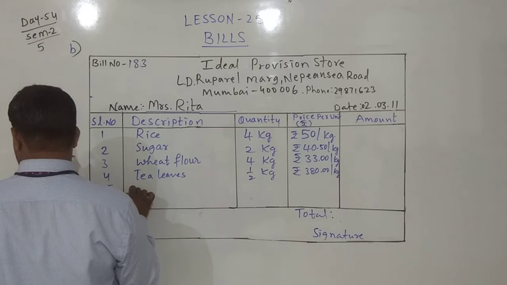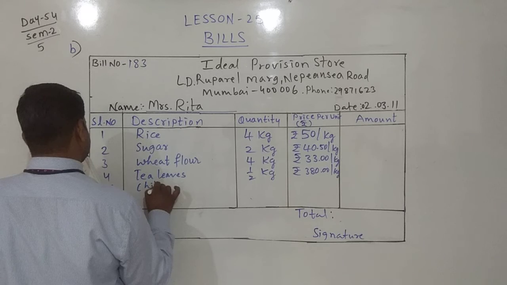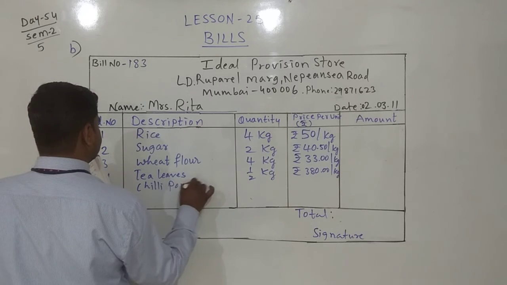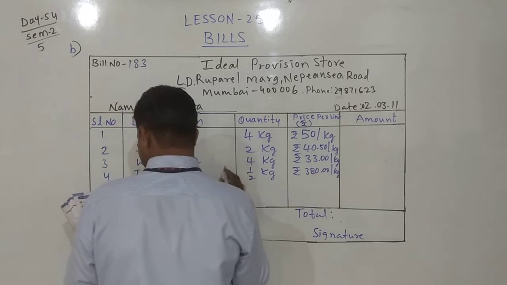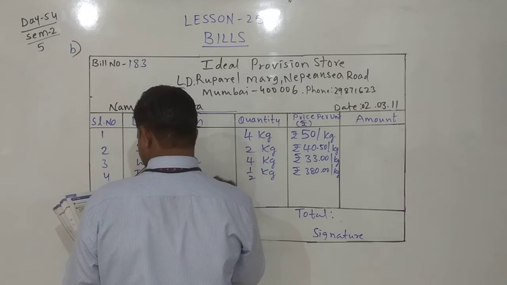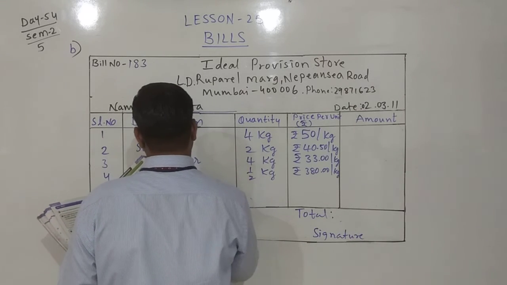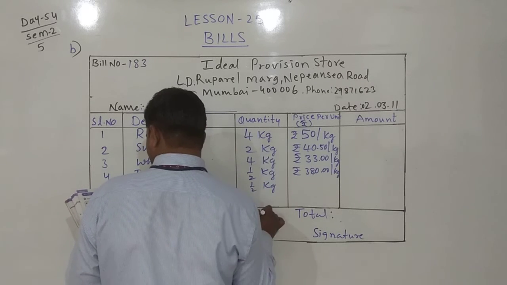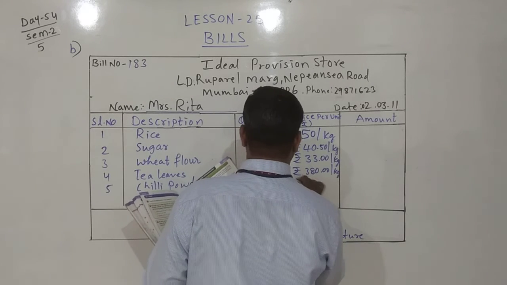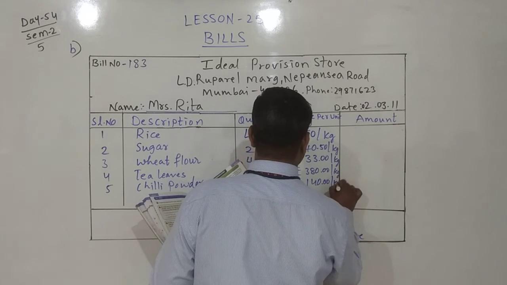Yes, the fifth one, half kg of chili powder. How much did she purchase? She purchased half kg. Yes, 1 kg of chili powder costs 140 rupees per kg.